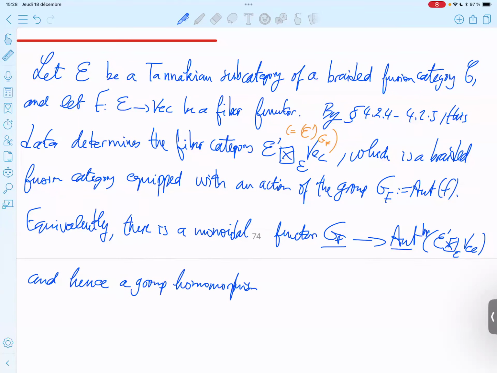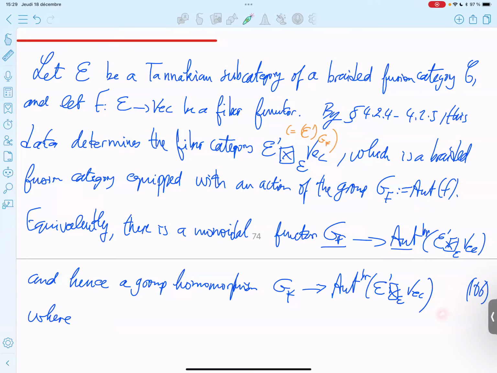So this functor implies a proper group homomorphism.